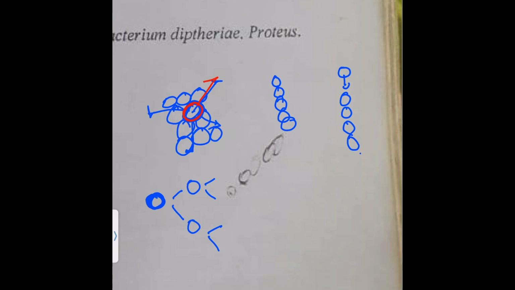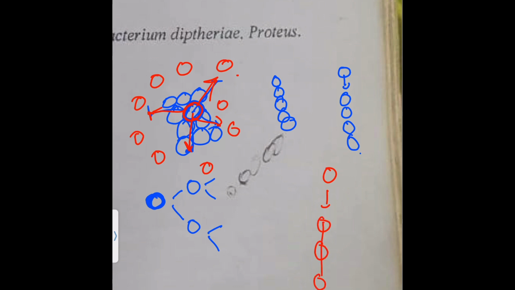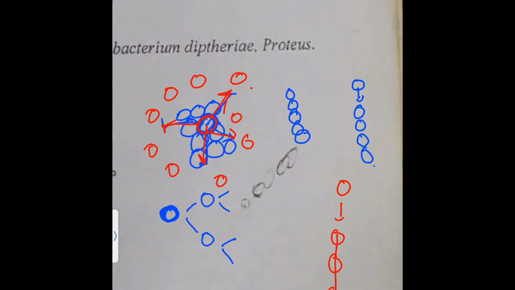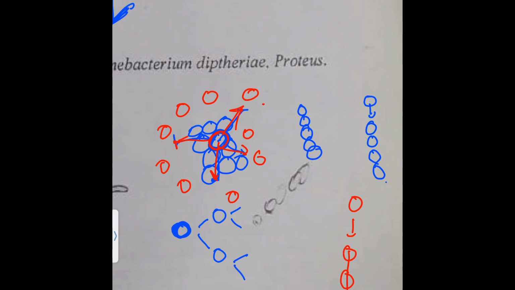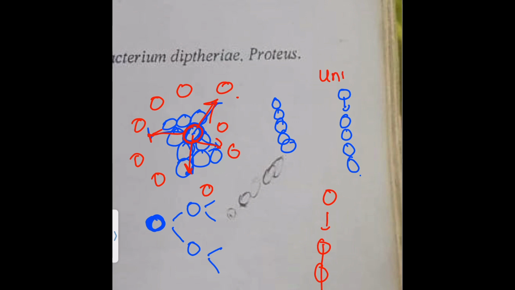If one bacteria multiplies in every possible axis, it will form cells all around it. But if it just multiplies in one axis, it will give rise to a linear structure. So because of multi-axial growth, staphylococci are in clusters, and because of uniaxial growth, streptococci are in chains. So uniaxial growth and multi-axial growth, these are the basic differences.